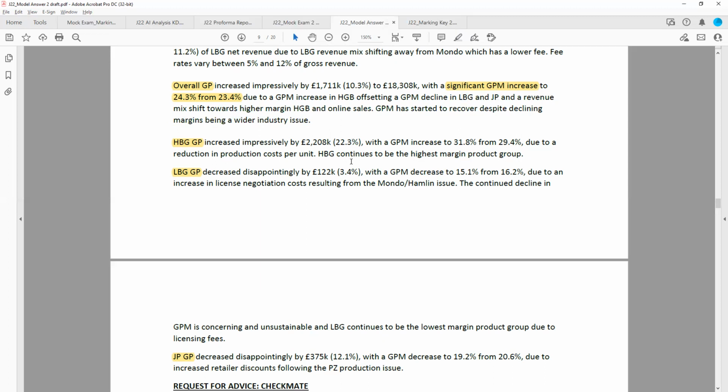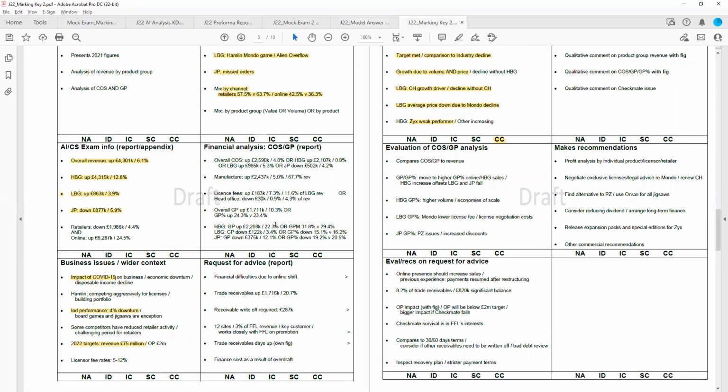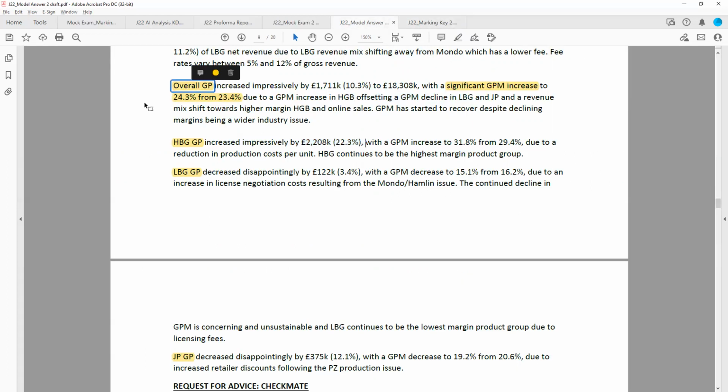And then you could look at it by channel as well. Again, similar thing, the absolute number, the increase in the margin. If you struggled with time, maybe you could just focus on the margin, because it tends to be that they're kind of happy with you having a margin or the absolute number. I think with total numbers like overall gross profit, overall cost of sales, overall revenue, I like to have the absolute number in there, because I feel like that's a headline number.